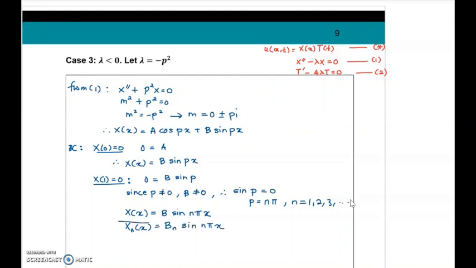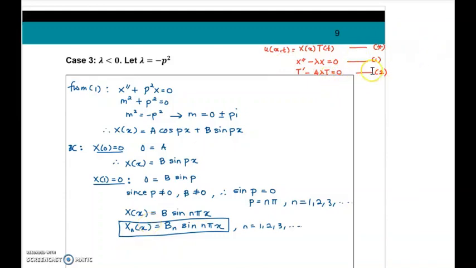So this is the solution for the x, where n equals 1, 2, 3, and so on. Now we have the solution for 1, which is given here.